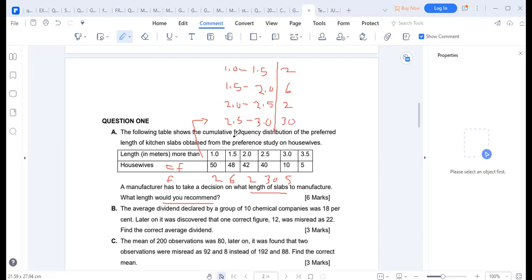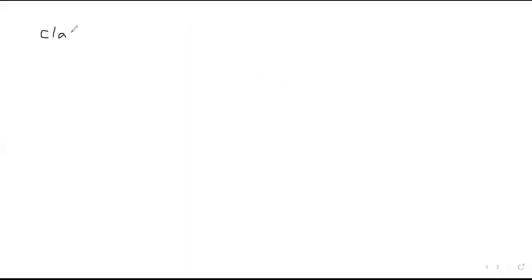And finally, 3.0 to 3.5, we get our last number there as 5. I'm going to write this on a plain sheet. Just wanted you to know where those figures are coming from.